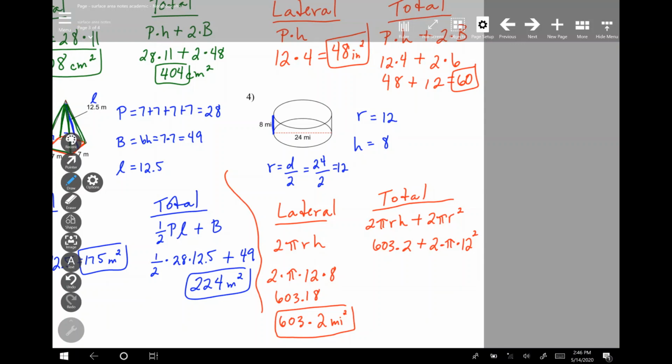So 2 times pi times 12 squared, that's 904.77, so it's going to be 904.8. Now I'm going to add those two together. So 904.8 plus 603.2, and we get 1,508 miles squared.